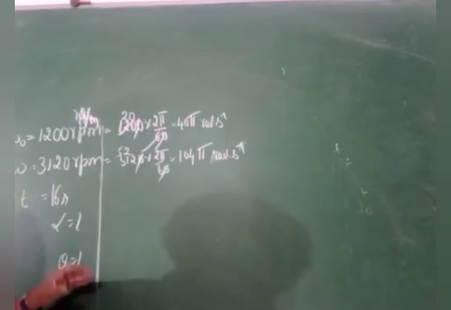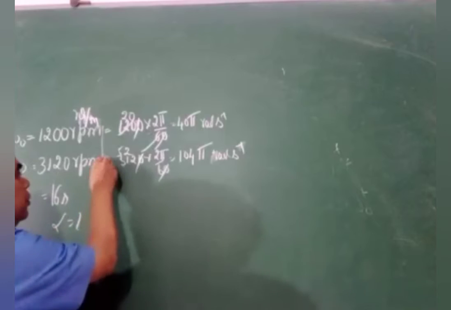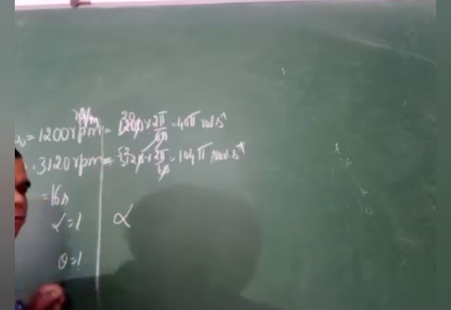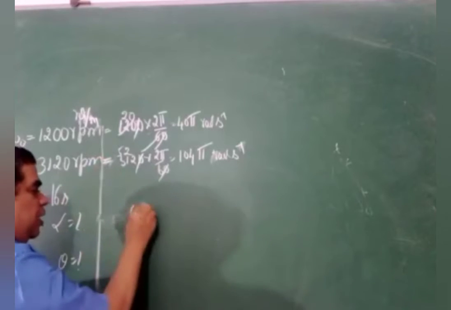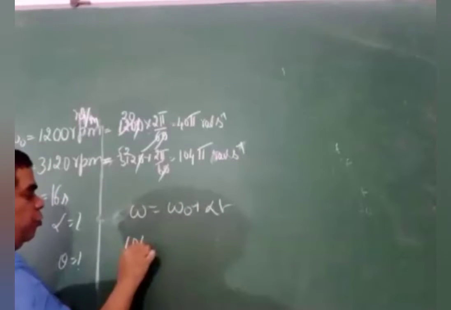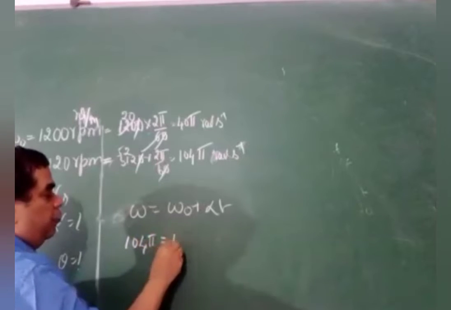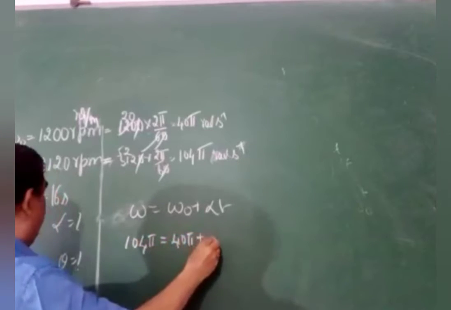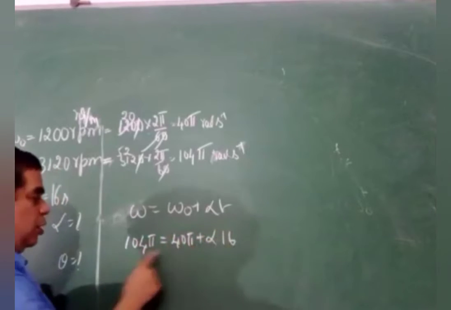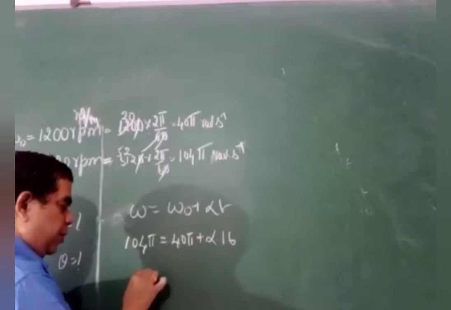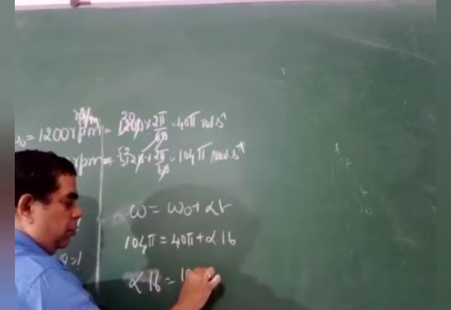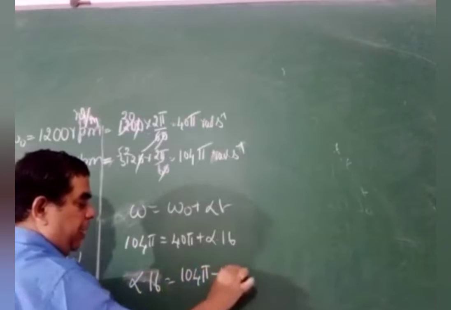Now, once you know omega value in radian per second, what is the formula for alpha? Just now you have proved that omega equals omega naught plus alpha t. Substitute everything. 104 pi, omega naught 40 pi, plus alpha to be calculated into 16 time. So alpha 16 equals 104 pi minus 40 pi.